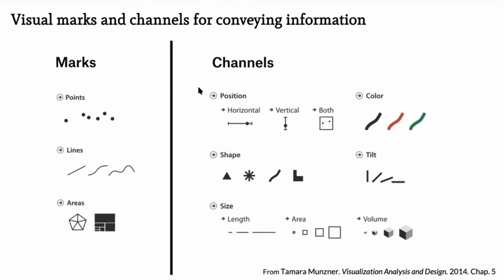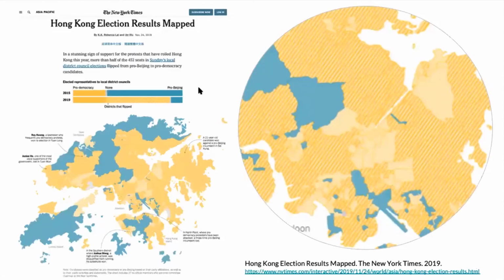And so part of making a really legible data visualization is making good choices in the visual variables that we're choosing. This is a great example from the New York Times, where they were mapping Hong Kong election results in 2019.